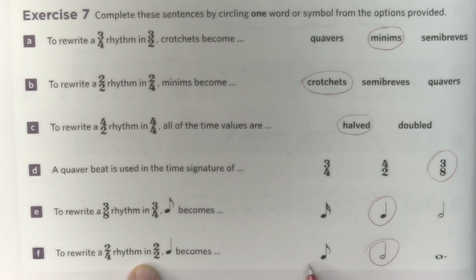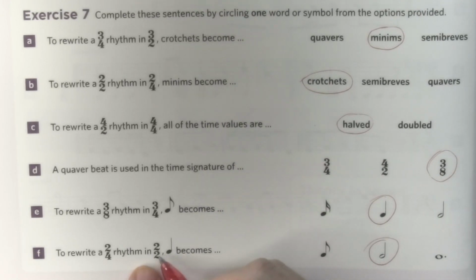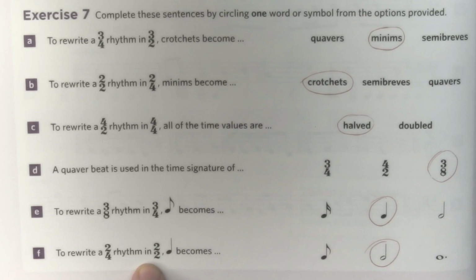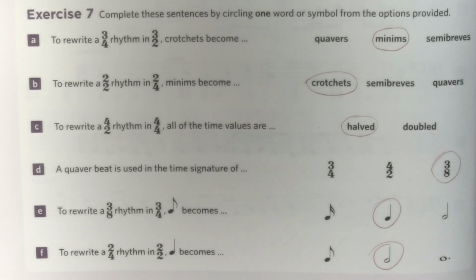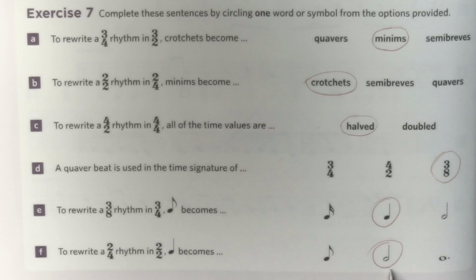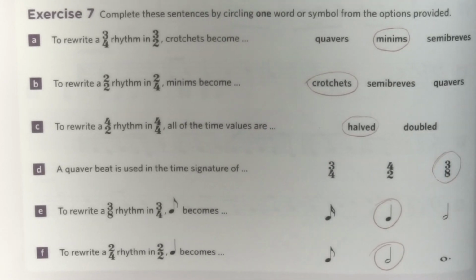Here it is. Not quavers because we need an 8, and again 2/8 doesn't exist. Not dotted semibreves because that time signature doesn't exist either. So the only possible option here would be the minim.